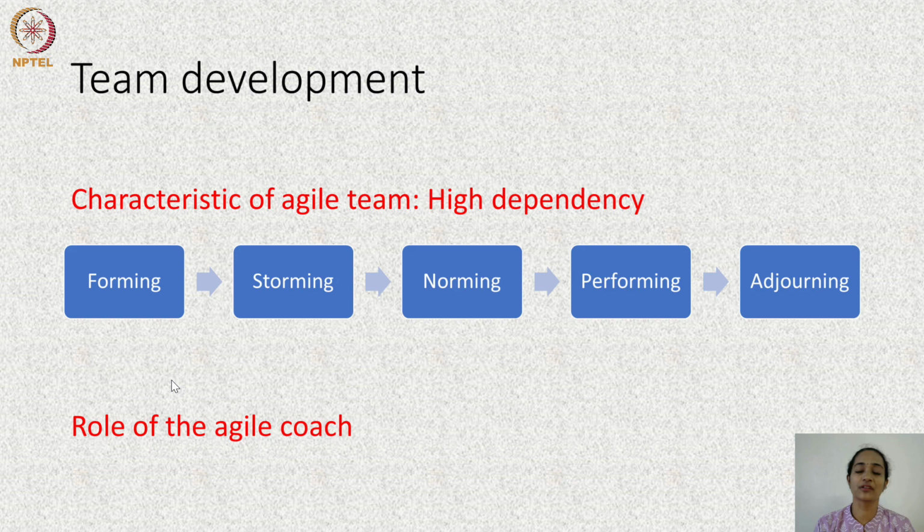They are the product owners, the team lead or the Agile coach, and the team developers. Now, the role of the Agile coach becomes very important in team development. The Agile coach is the person who helps the team form, storm, and norm as fast and as best as possible so that they start performing well.